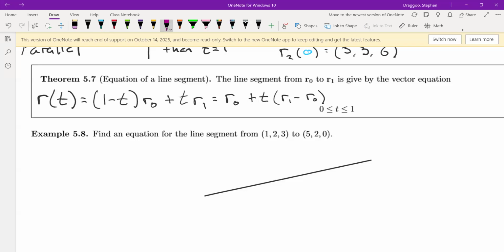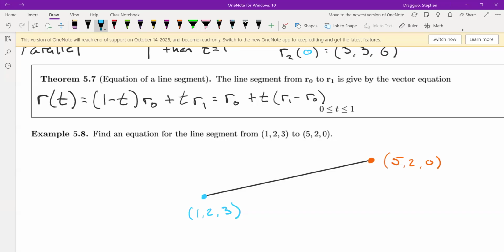How about terminal points, which we'll claim this guy here is (5, 2, 0), and an initial point. How about in red? We don't use red that often. Take it back. Blue. Claim that's (1, 2, 3). So my line segment just goes from one point to another point, and it's in a straight line. Line segment. Really fancy with our definitions today.